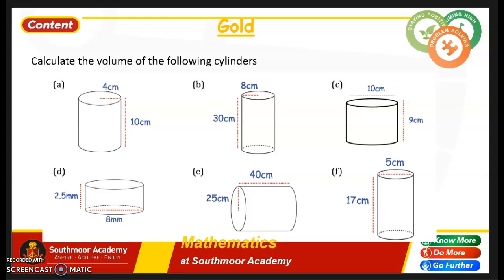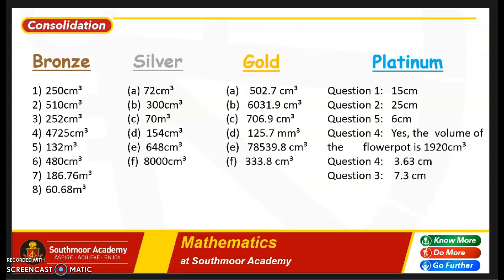I'm going to put the answers on the screen, so you can either have the answers up throughout the lesson so the students can check as they go, or put them on towards the end. Now there are exam questions to do after you've marked your answers, so I'm going to put the answers on now for you to check. So bronze, silver, gold, platinum.